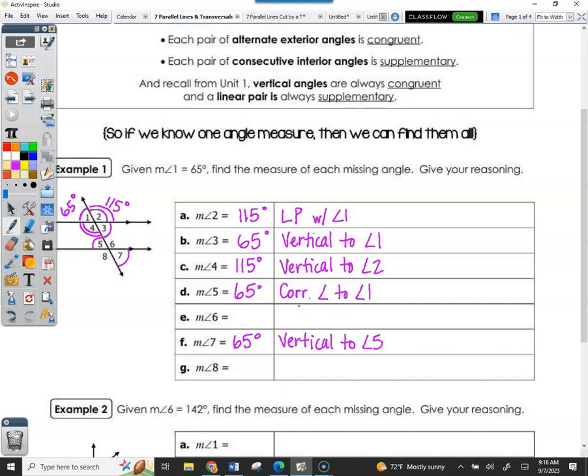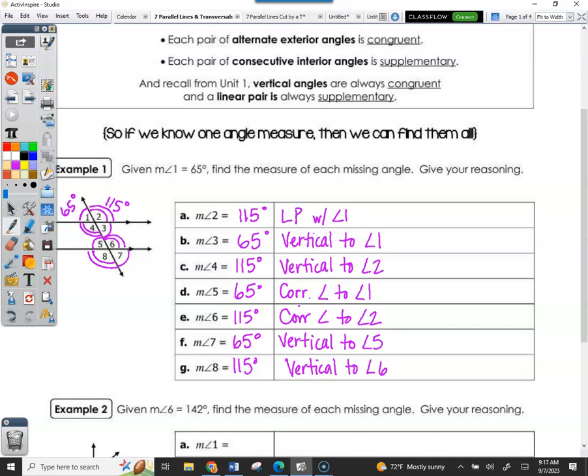Six corresponds with what angle at the top? 2. 6 measures 115. You can say corresponding angle to angle 2. And if 6 measures 115, then what does 8 measure? 115. And it's vertical to angle 6.